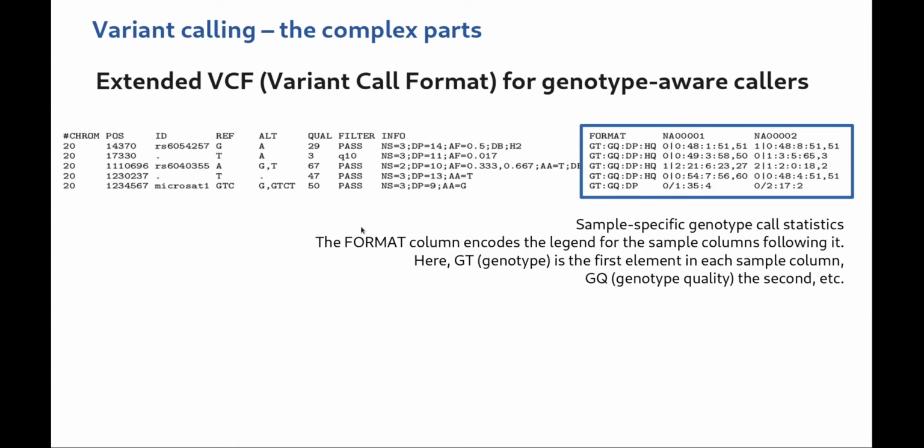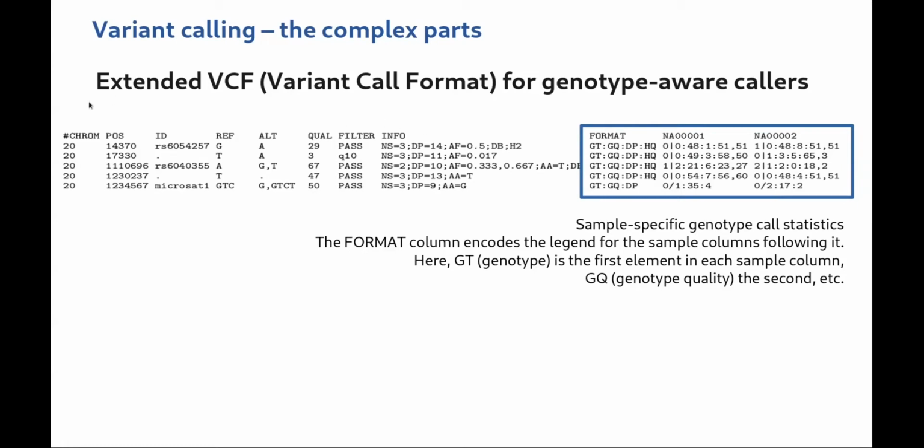So one thing is, now assuming we have a variant caller that also calls genotypes, a genotype aware variant caller, what does it output? Well, it also outputs variant calling format, VCF, like any standard variant caller, but such genotype aware callers are free to define additional genotype columns that the VCF specification allows for.